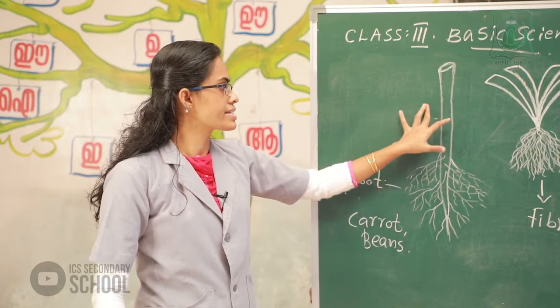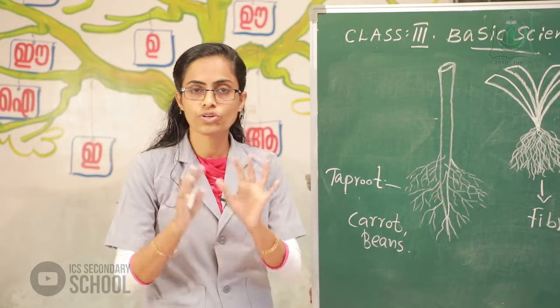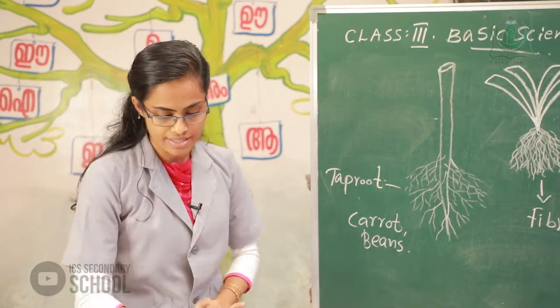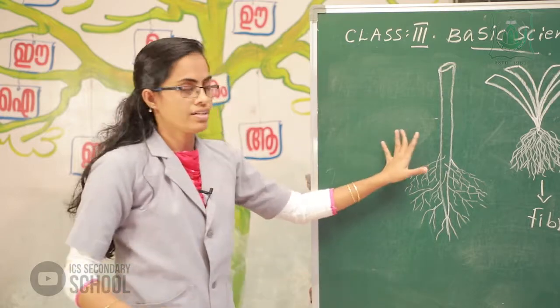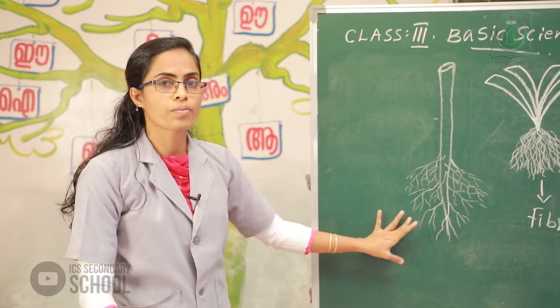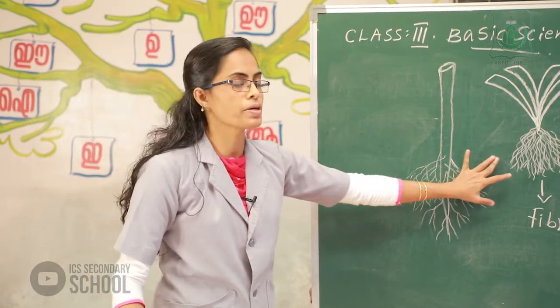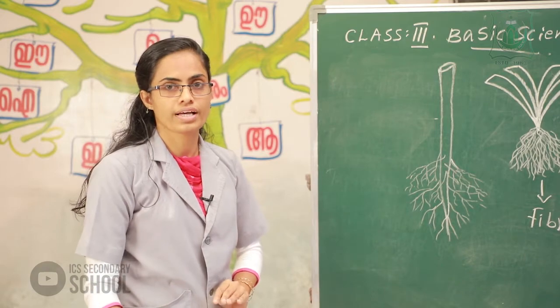The first one, taproot and fibrous root. Clear? All of you understand? Yes. The next one, all of you listen here, draw a diagram of taproot and fibrous root in your notebook. Okay.